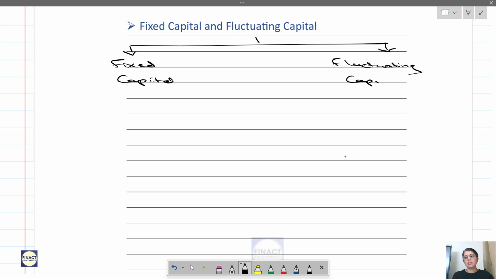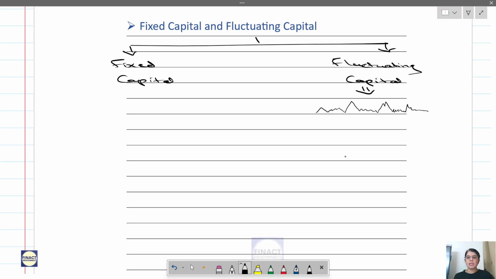Okay, so now let us first understand the fluctuating capital method. Fluctuating capital method means you will have only one capital account and all the transactions related to partner are posted in the capital account only. So the balance in the capital account will keep on fluctuating, changing. Correct? Fluctuating means changing.